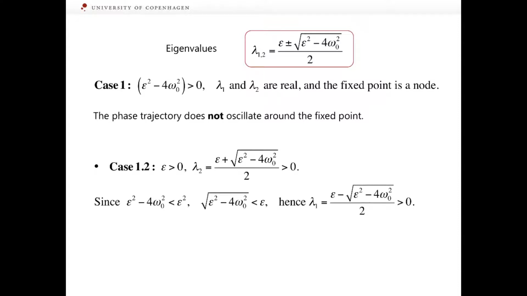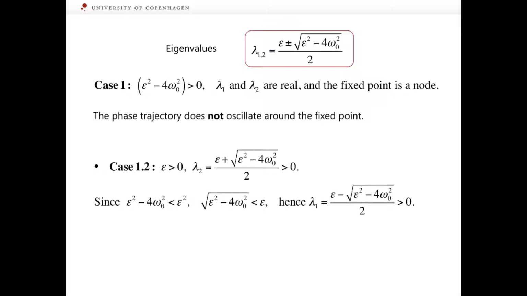By analogy with what we did in the previous slide, consider the expression under the square root and deduce that it is less than epsilon squared, which means that the square root itself is less than epsilon. Now to form lambda 1, we take a positive epsilon and subtract from it a number which is less than epsilon and positive. The result is going to be a positive number, which means the first eigenvalue is positive.